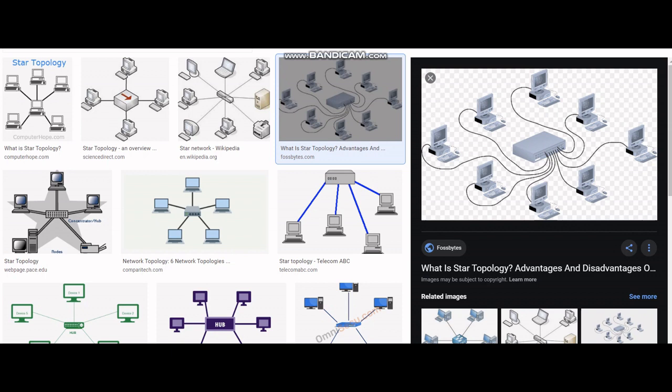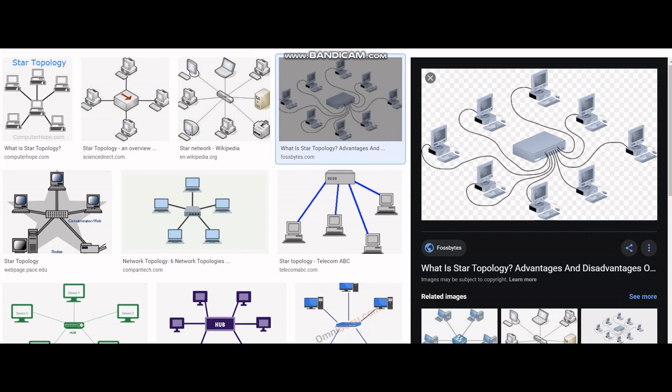Now we're going to talk about star topology. This is one of the most common, most used quite a lot. So in star topology, each device in the network is connected to a central device called a hub.